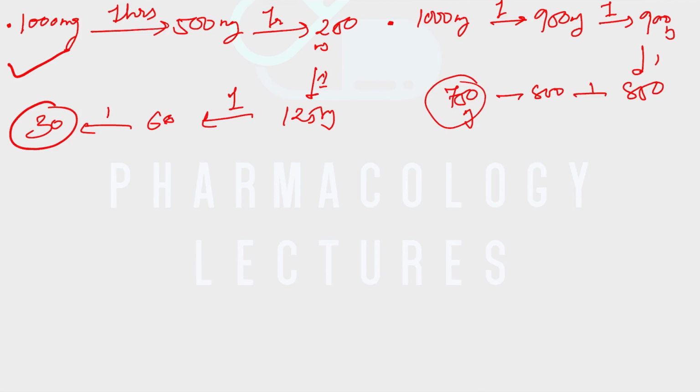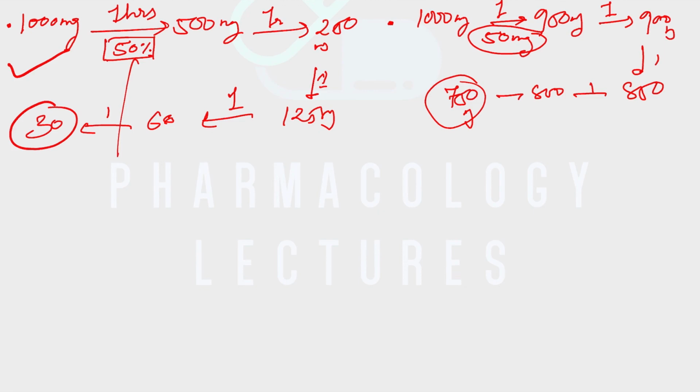So what is the difference between these two scenarios? Here, 50% of the drug gets eliminated every hour. You see, 50% of this 1000, 50% of this 500. While here, 50 mg is getting eliminated every hour.